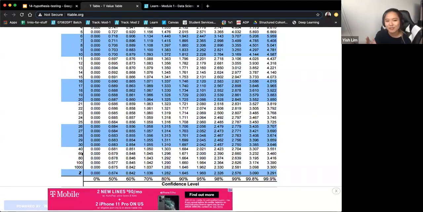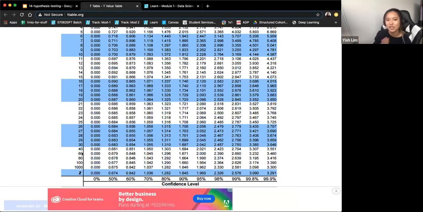If you have more than 30 in your sample, you can sort of assume it's more of a normal distribution than a t-distribution. Don't take my word for it, but that's kind of why they stop incrementing every number at 30.